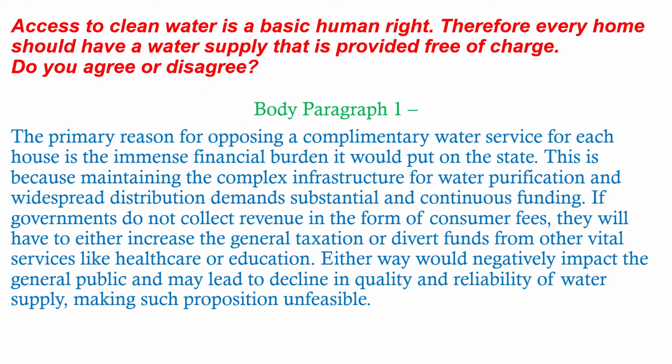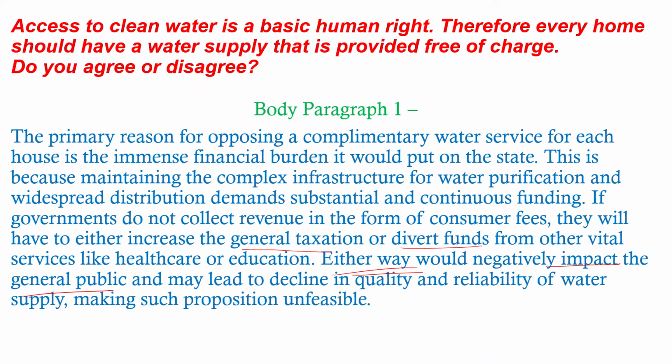Either way would negatively impact the general public and may lead to a decline in quality and reliability of water supply, making such a proposition unfeasible. So whatever you do, either you increase the general taxation or you divert the funds. Either way, it would negatively impact the general public. Obviously, either you have to pay more taxes or you will not get proper healthcare and proper education.